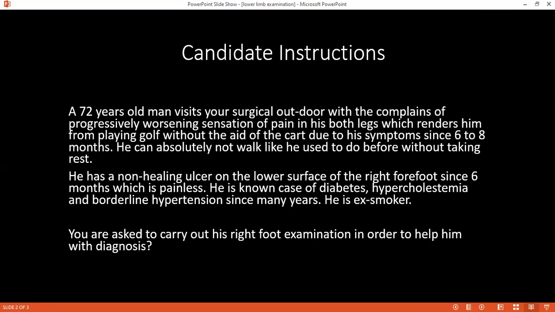Okay, so if you have read and understood, considering it a clinical examination session, kindly begin.